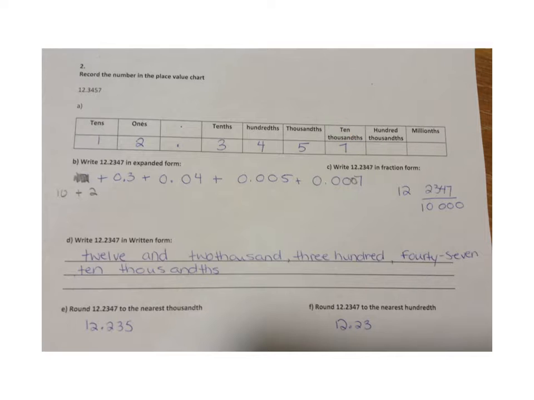My fraction helps me say the number, or helps me when I want to put it in written form. I start off with before the decimal and I have a 12. 12 and, which represents the decimal, 2,347 ten thousandths. So I'm just reading this fraction and writing down the words.